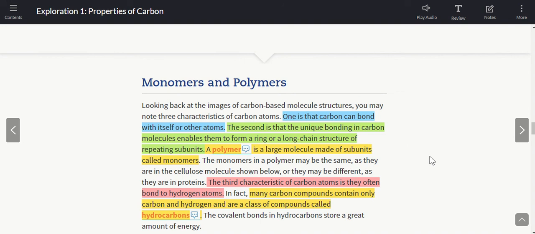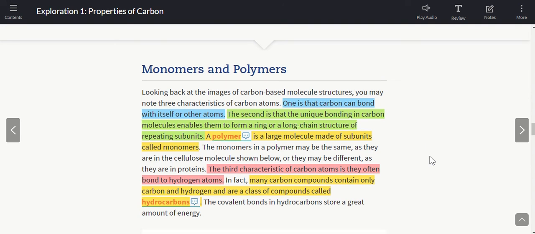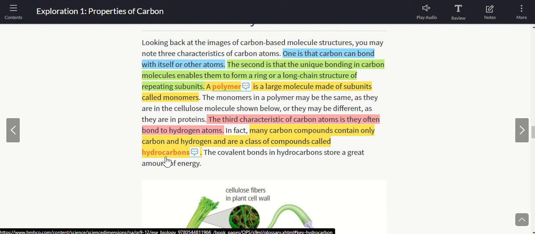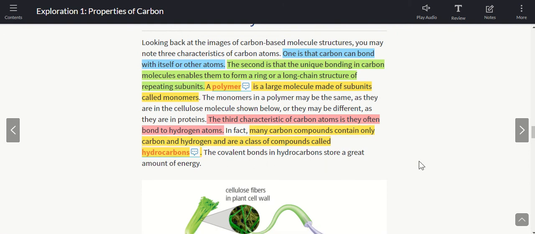And finally, carbon is very often likely to bond with hydrogen atoms. It's a very good match for a hydrogen and a carbon to bond with each other. And so when we have a molecule with a lot of carbons and hydrogens, we call those hydrocarbons, which makes sense. They're made of hydrogens and carbons. All right, and these types of molecules contain a ton of energy.